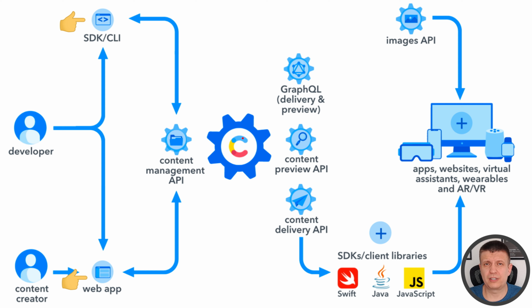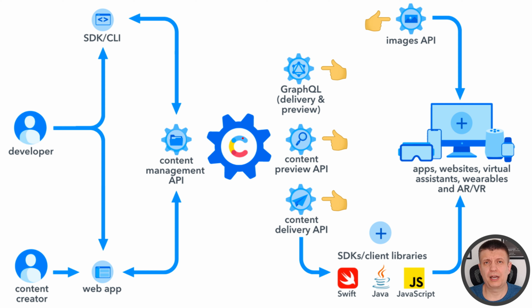And Contentful is API first, so all the data that you put will be fed into the content management API. On the front, Contentful has 4 APIs that deliver your content. You're going to have a content delivery API, a content preview API, a GraphQL API, which has both delivery and preview, and then you also have an images API.